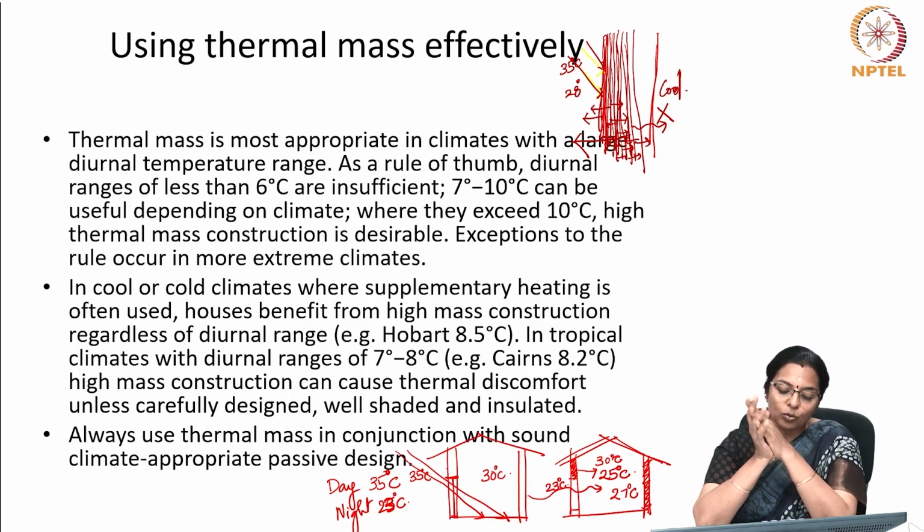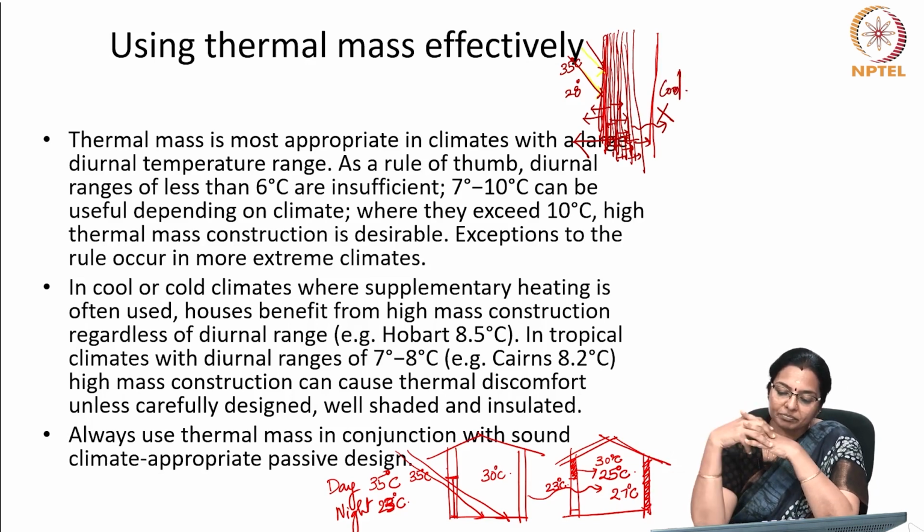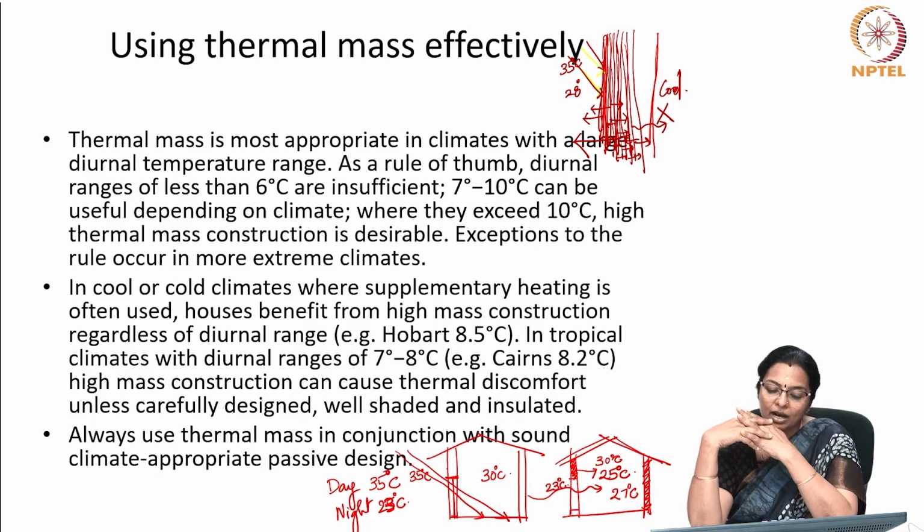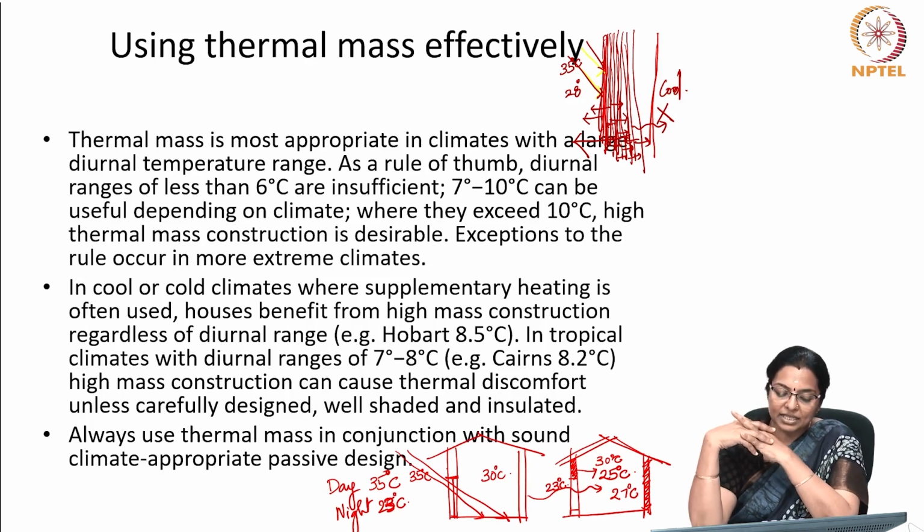So, in cool or cold climates where supplementary heating is often used, houses benefit from high mass construction irrespective of diurnal range. In tropical climates with diurnal range, high mass construction can cause thermal discomfort unless carefully designed, well shaded and insulated.